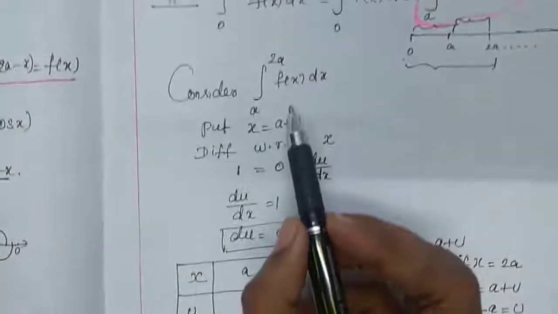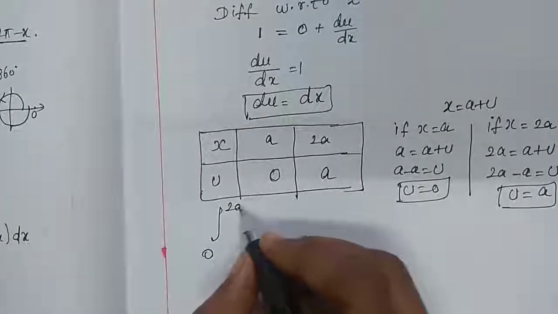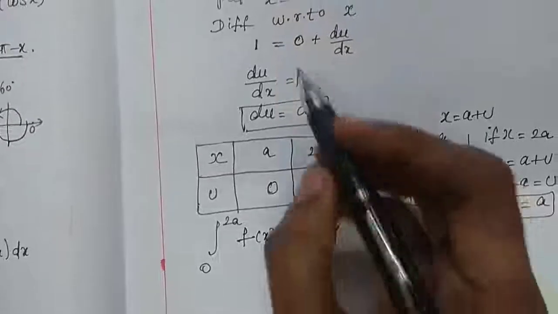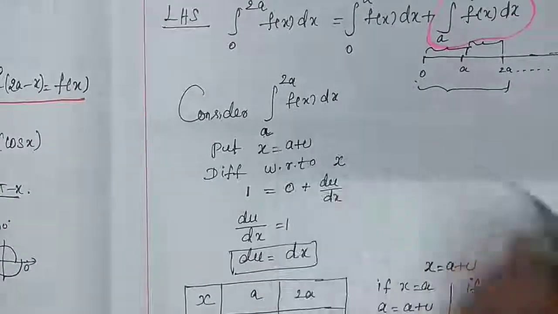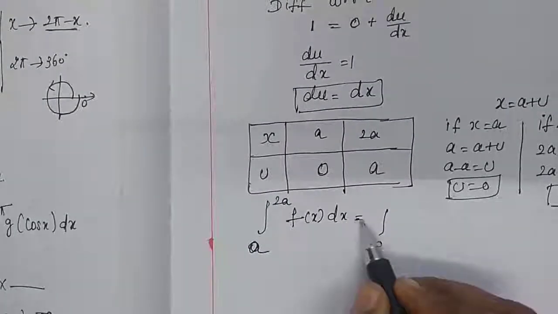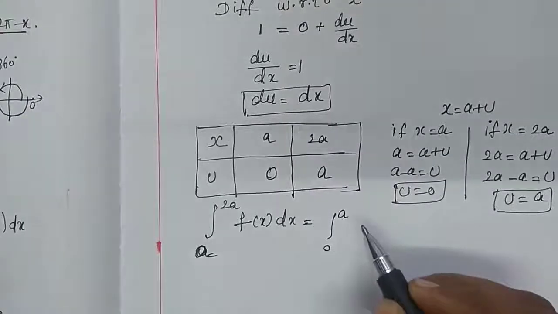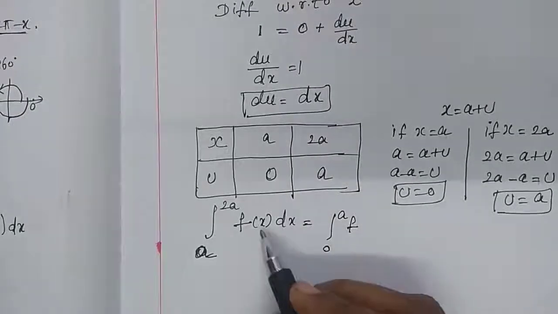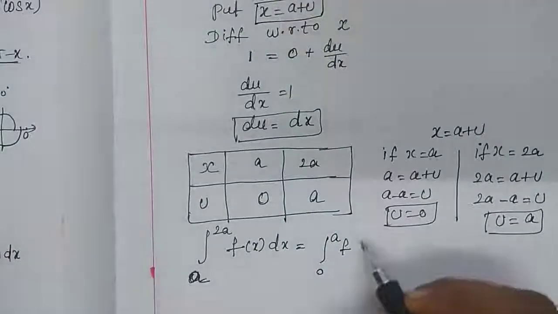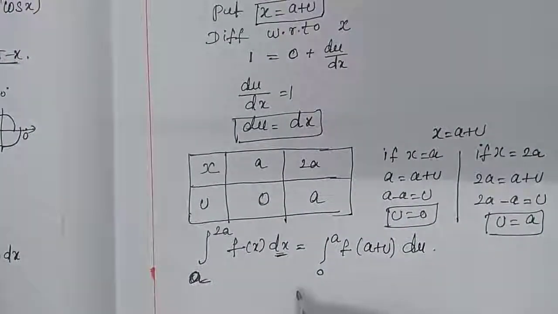So now the integral from a to 2a of f of x dx is equal to the integral from 0 to a of f of a plus u du, replacing x by a plus u and dx by du.